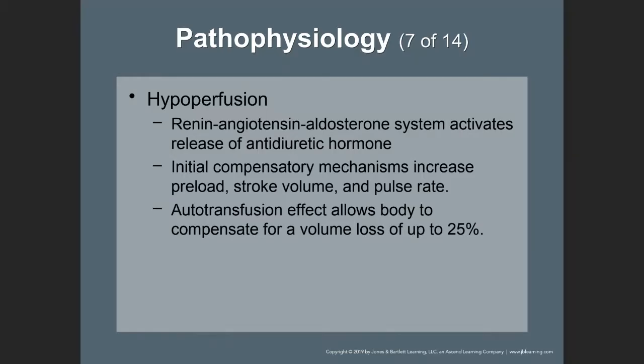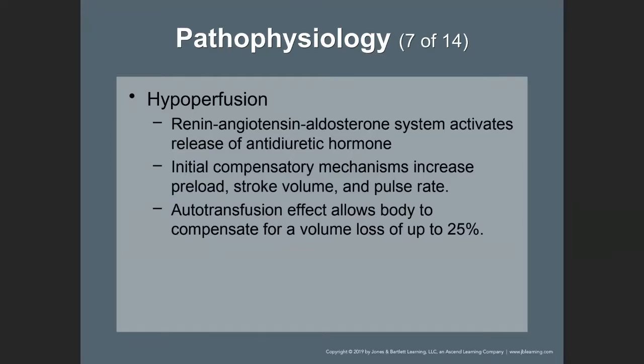The initial compensatory mechanism increases preload. It increases stroke volume and pulse rate. Autotransfusion effect allows the body to compensate for volume loss of up to 25%.